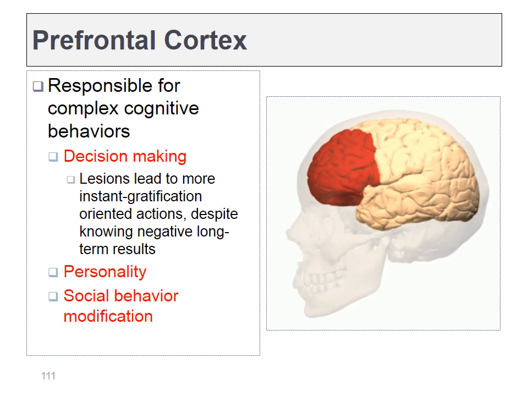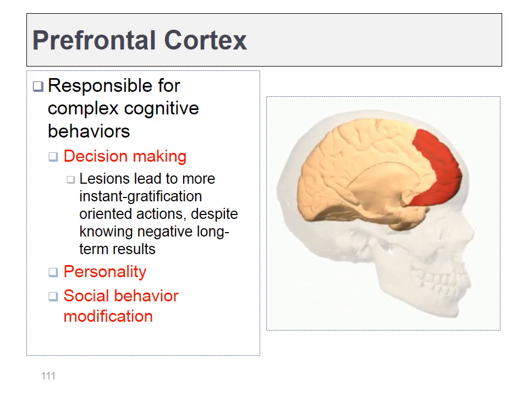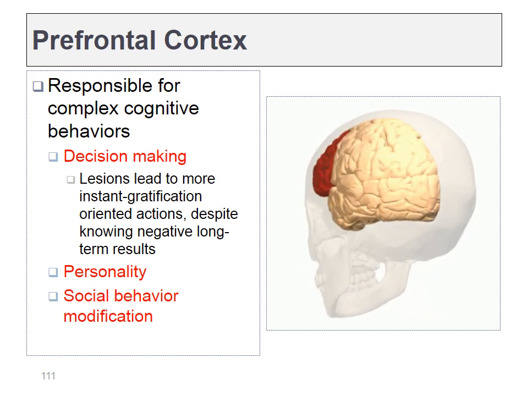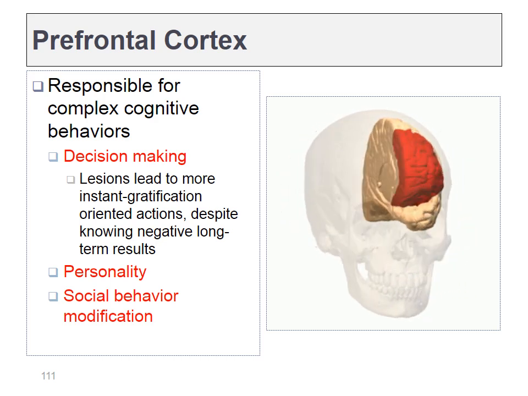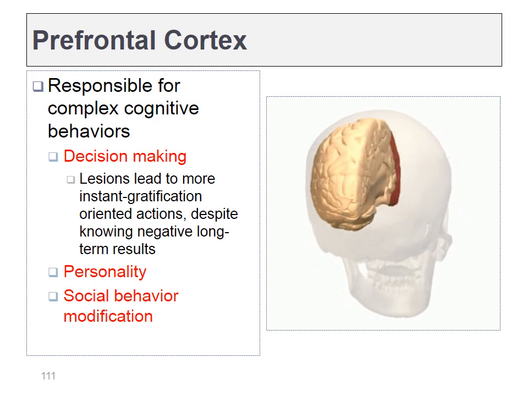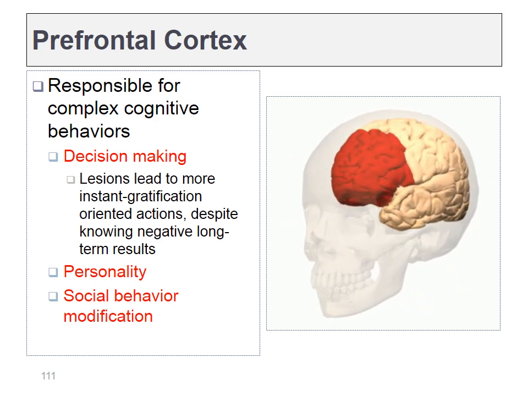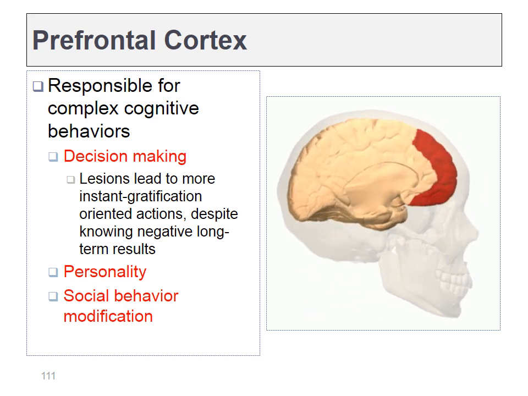But making decisions is a very important part of social behavior modification. For instance, do we just take the things that we want, or do we respect other people's property? Do we think ahead to say that, oh, if I were to steal that, I could get in trouble? That's the type of thing that the prefrontal cortex seems to be able to do, to weigh the pros and cons and come up with decisions.